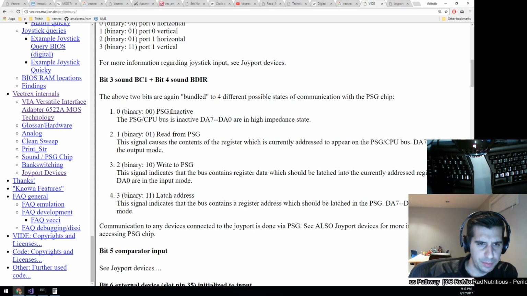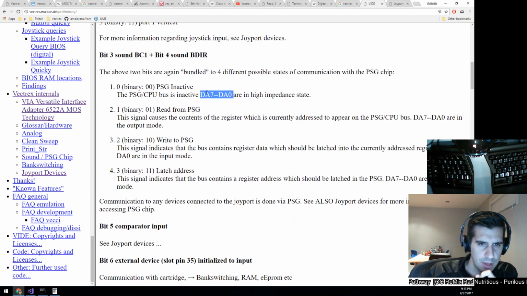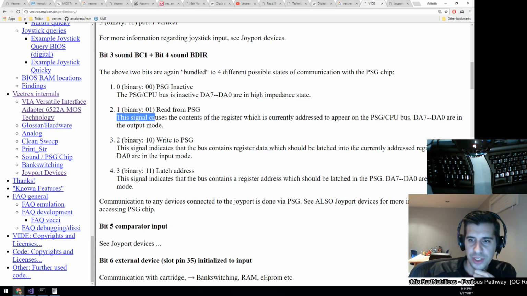Okay, so if it's 0, 0, the PSG is inactive. And if it's 0, 1, which is what I think I'm supposed to be dealing with right now, it's read from PSG. Because this is what I would expect, right? This signal causes the contents of the register, which is currently addressed, to appear on the PSG CPU bus. DA7 to DA0 are in output mode.